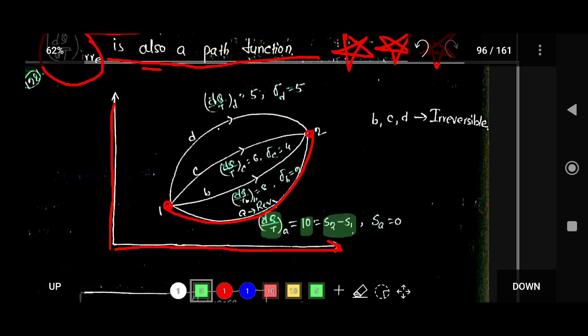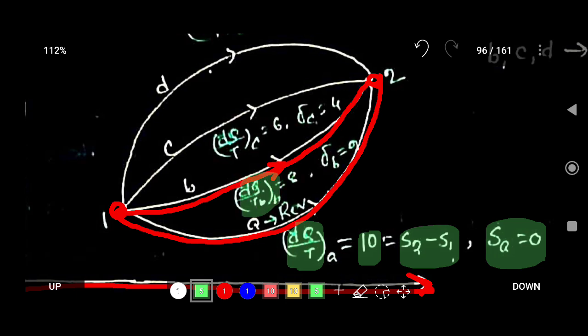So the entropy change, S2 minus S1, is equal to 10, and the entropy generation is equal to 0. Now there is another process, an irreversible process, process B. Here del Q by T for the irreversible process is 8, and the entropy generation is equal to 2.